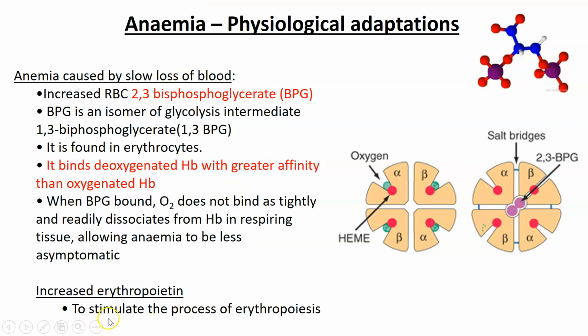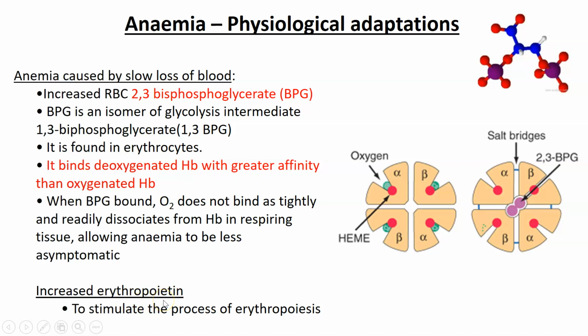So in response to anemia, which might cause hypoxia every now and then, your kidneys will produce erythropoietin, because blood which has insufficient levels of oxygenated hemoglobin will eventually reach the kidneys.